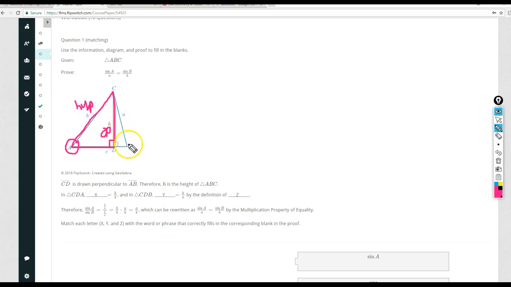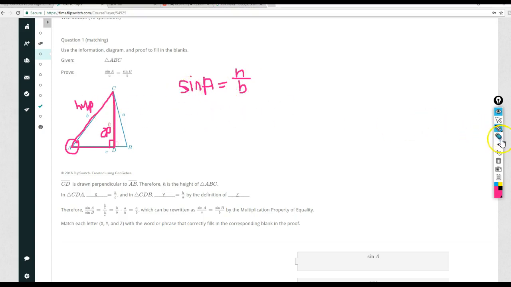So I'm thinking, what trig function is the ratio of the opposite side length to the hypotenuse side length? And that would be the sine. So sine of A is equal to opposite, which is H, over our hypotenuse, which is B, both by substitution.